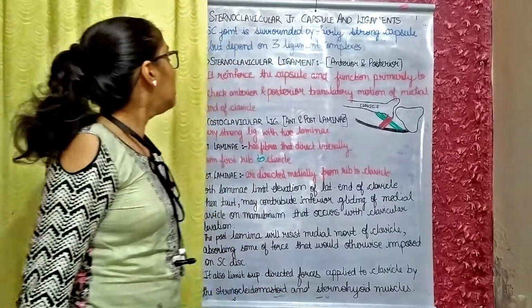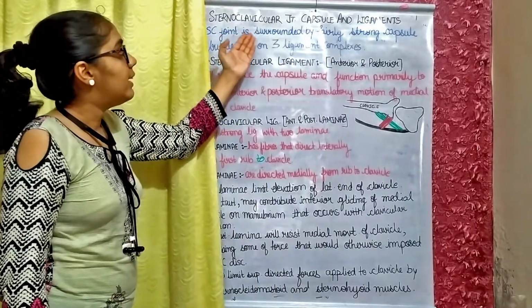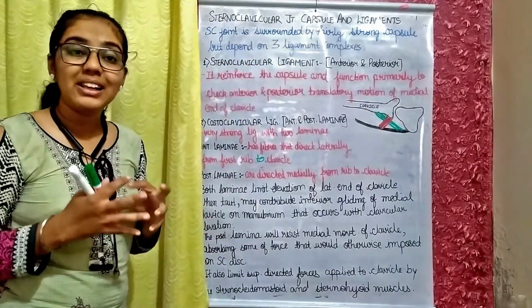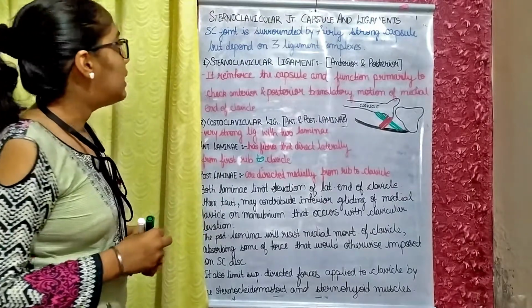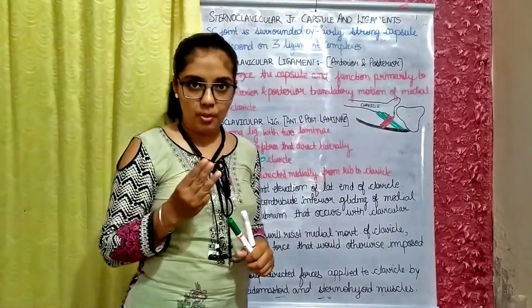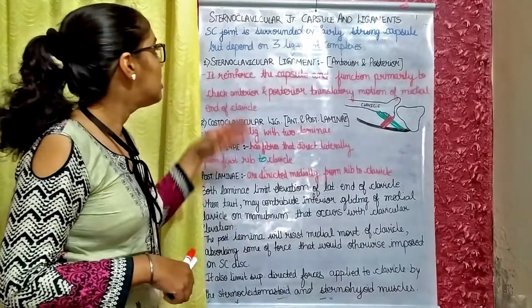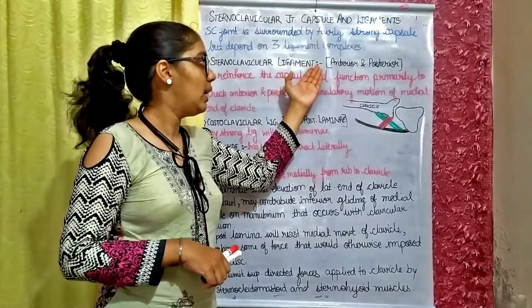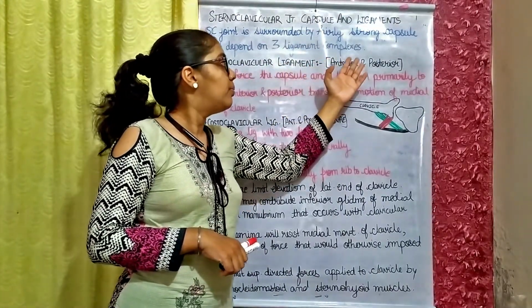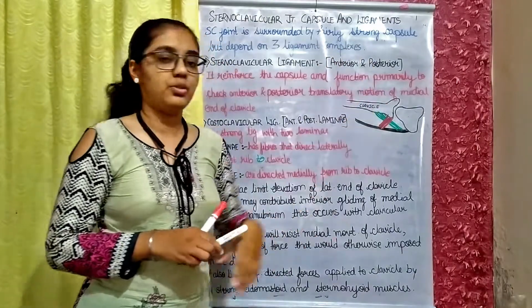First of all, the sternoclavicular joint is surrounded by a fairly strong capsule, but it depends upon the three ligament complex. The first one is the sternoclavicular ligament. It has two parts, anterior and posterior.